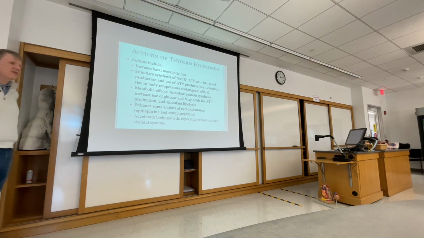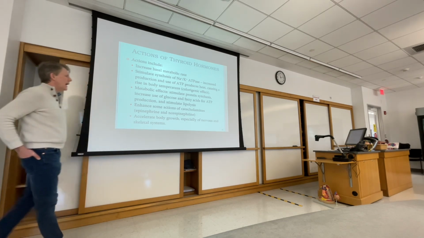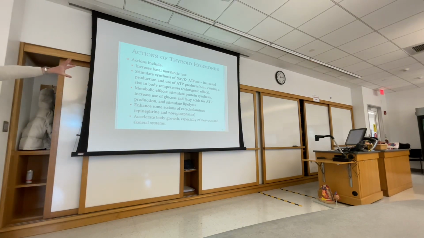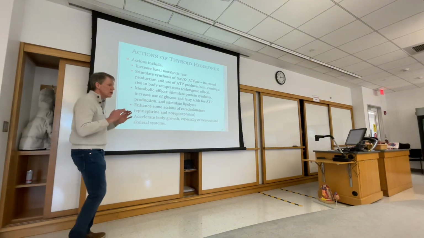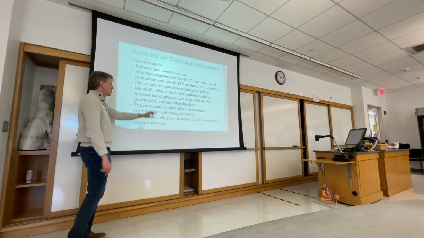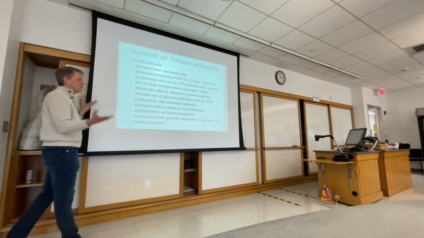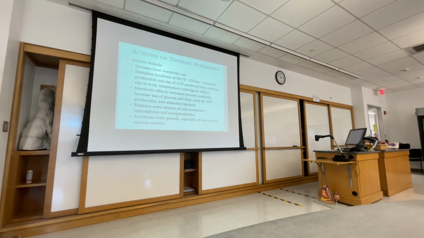Skinny. Yeah, they're relatively skinny, right? When you increase the rate that your body cells burn calories and you're promoting fat breakdown, all those things are going to lead to a thin body shape. Versus if you're hypothyroid and you have low levels of T3 and T4, you slow down your metabolic rate. You slow down fat breakdown, and those people tend to be overweight.